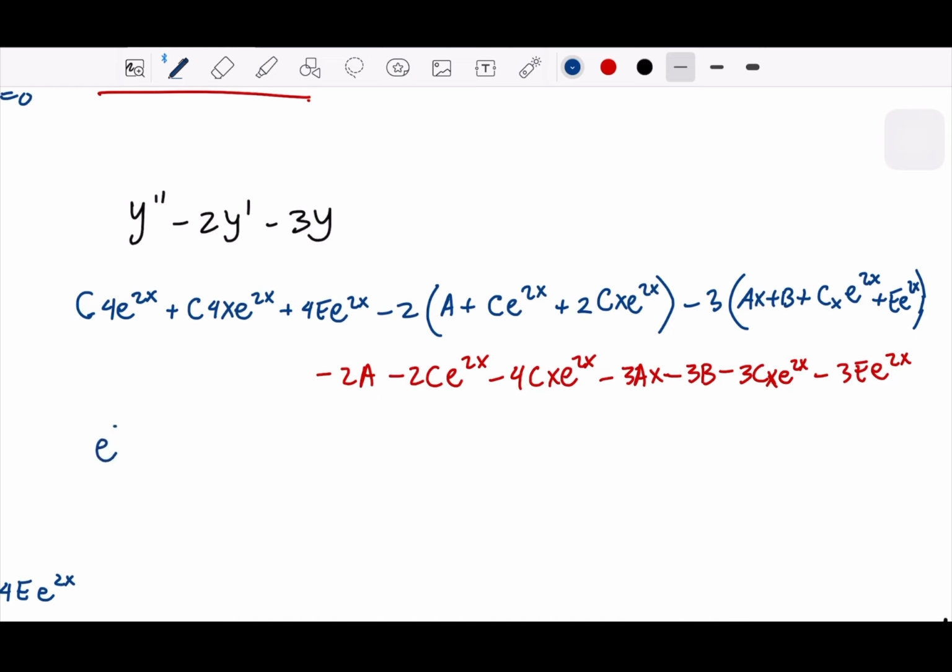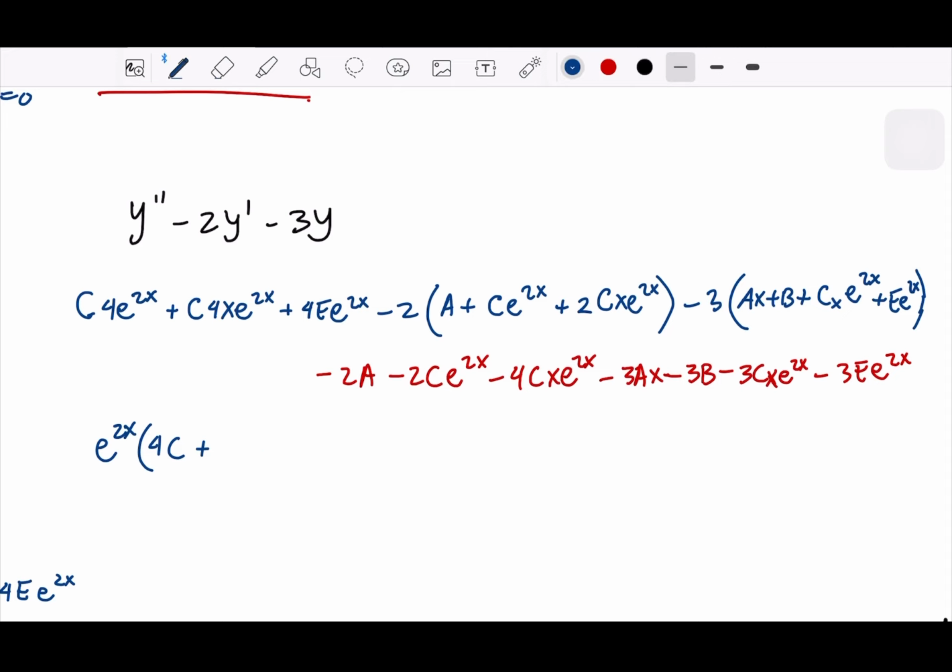Maybe start with e to x. 4c plus 4cx. Oh, I think for x e to x will be another grouping, right?